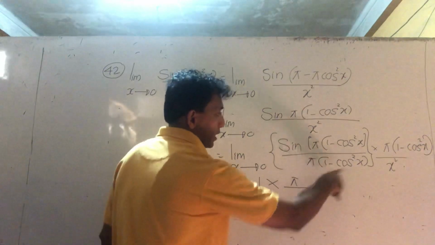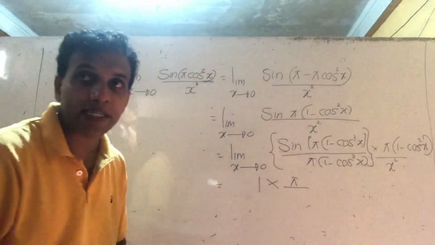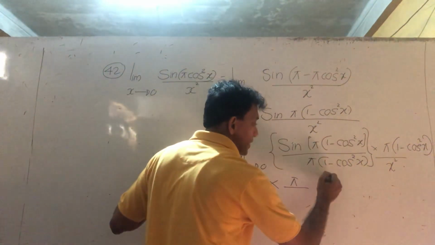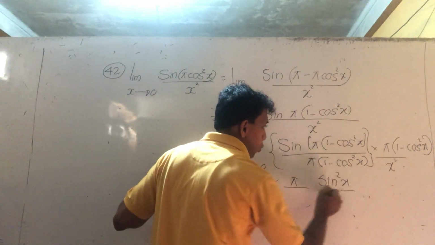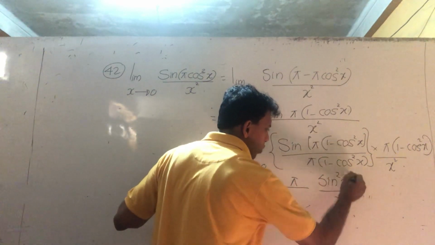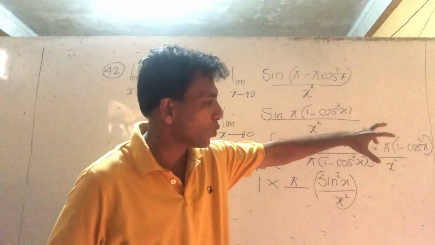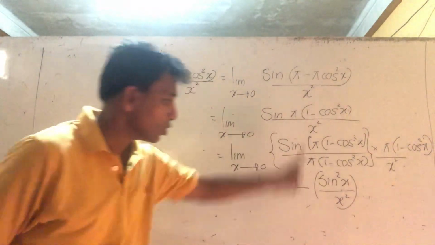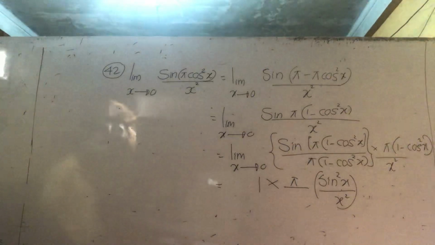Here this is okay, here pi. This also we can change into another sine trigonometric limit. 1 minus cos² is sin² over x². That also is 1. The square of sin theta over theta is also 1. Therefore the answer is pi, is it?